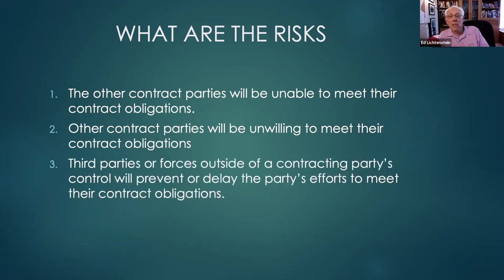Or third parties outside of a contracting party's control prevent or delay your efforts to meet it. Sometimes that's called force majeure, and sometimes it's not. Force majeure is something outside of your control, like weather. But it could be a strike. It could be the container ship has gotten stuck in the Suez Canal and a needed part is not going to make it until about 3 weeks after you originally anticipated it would arrive.